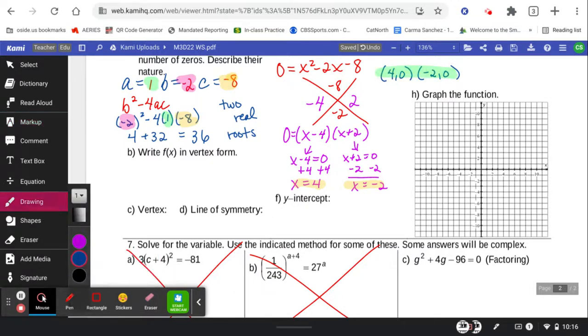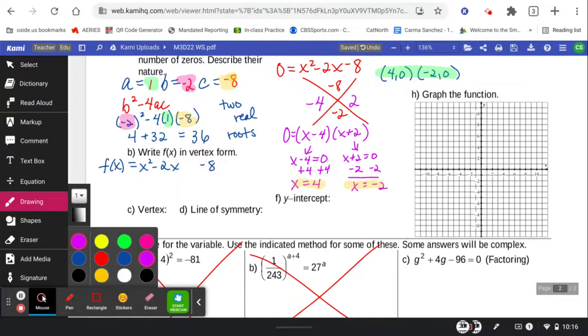The whole enchilada. Okay, write in vertex form. So step 1, make space. I'm bumping that -8 over. Step 2, B work. -2 over 2 squared is -1 squared is just 1.